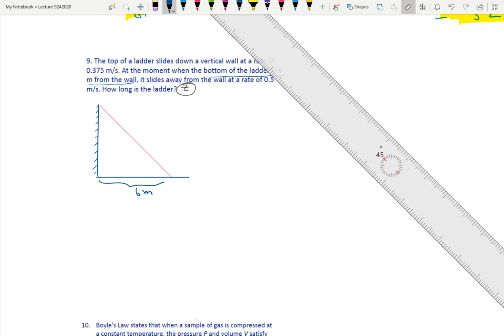If this is x, this is y, and this is z, then our equation would be z square equals x square plus y square.